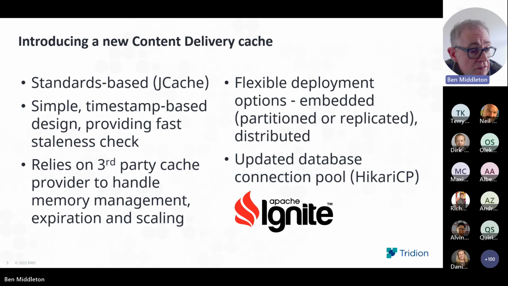So our main requirement was that whatever we choose was going to be standards based. We didn't want to have any sort of handcrafted cache solutions in the system, simply because that means the heavy lifting of the memory management and scaling piece could be handled by third-party standards-based cache providers. And we would then just focus on providing a very sleek cache implementation.